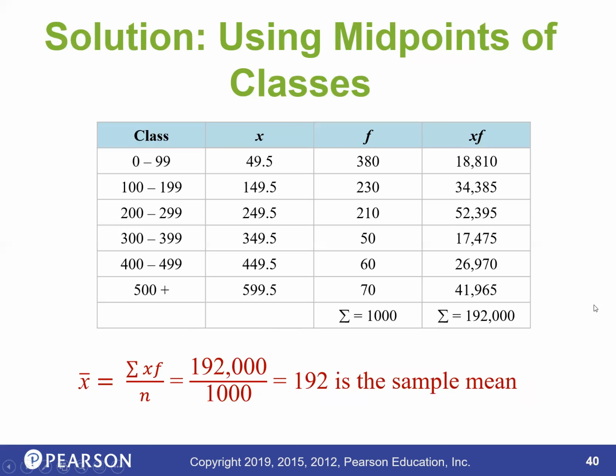And we have 192. There it is. The sample mean of this is $192. So you could say on average, at least in our study, people spend about $200, or $192, to prep for a trip. At least their maintenance on their car and stuff.